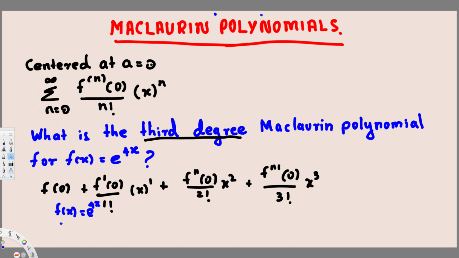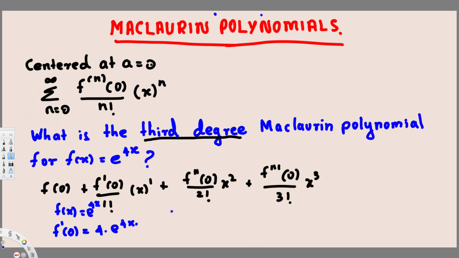Now we have to find the first derivative. This is a chain rule: we take the outside derivative, which is itself, but the inside derivative is the derivative of 4x, which is just 4. So we are going to have 4 times e to the power 4x.